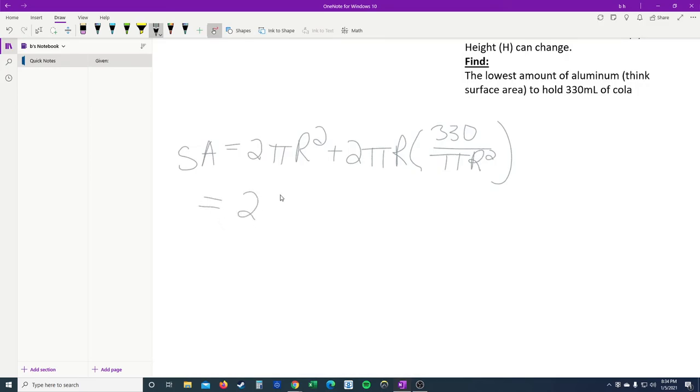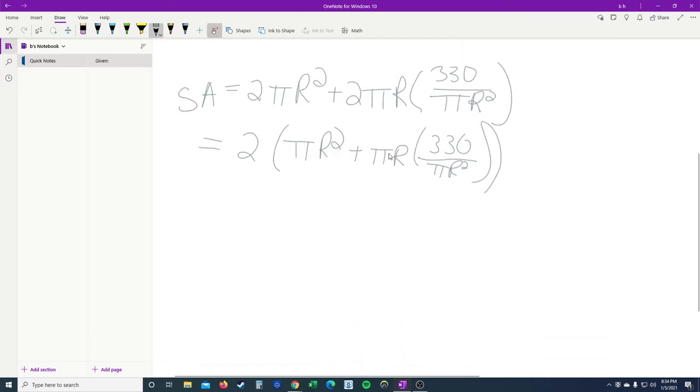Simplify it here. And then what we're left with is pi r squared plus pi r times 330 divided by pi r squared. And I need another parentheses here.